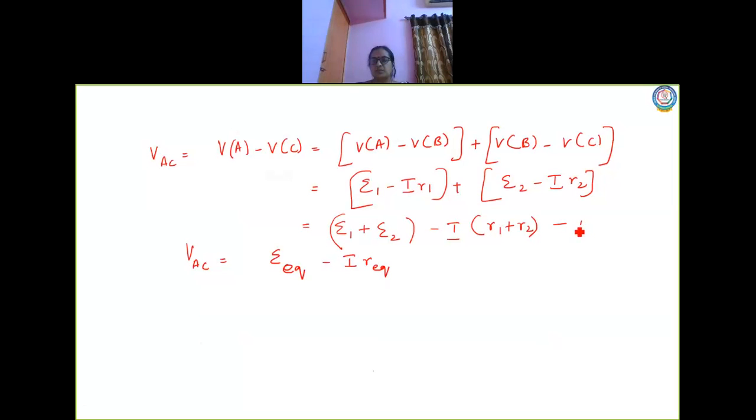Let me write this equation 1. Let me write this as equation 2, children. So, what will be psi equivalent now? Psi equivalent will be equal to psi1 plus psi2. Similarly, what is my R equivalent equal to? R equivalent will be R1 plus R2.